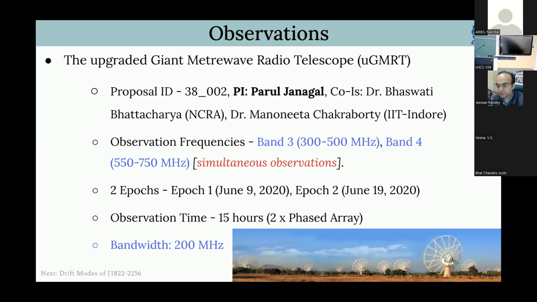We used the UGMRT in a sub-array mode, where a dozen antennas were configured at band 3 and around the same number at band 4. The observations were taken in the phased array mode at 2 epochs, which were 10 days apart. And we got about 2,900 pulses in our first epoch and about 1,700 pulses in the second epoch.